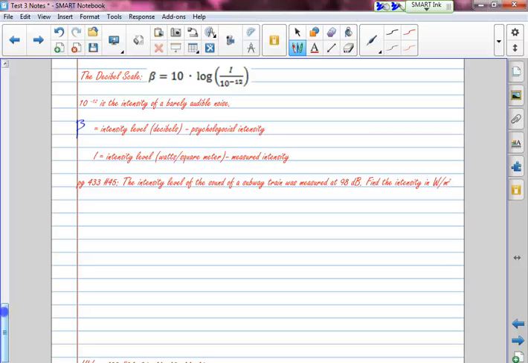So page 433, number 45 says, the intensity level of the sound of a subway train was measured at 98 decibels. Find the intensity in watts per meter squared. So we're talking about decibels, so I need to use my decibels formula.